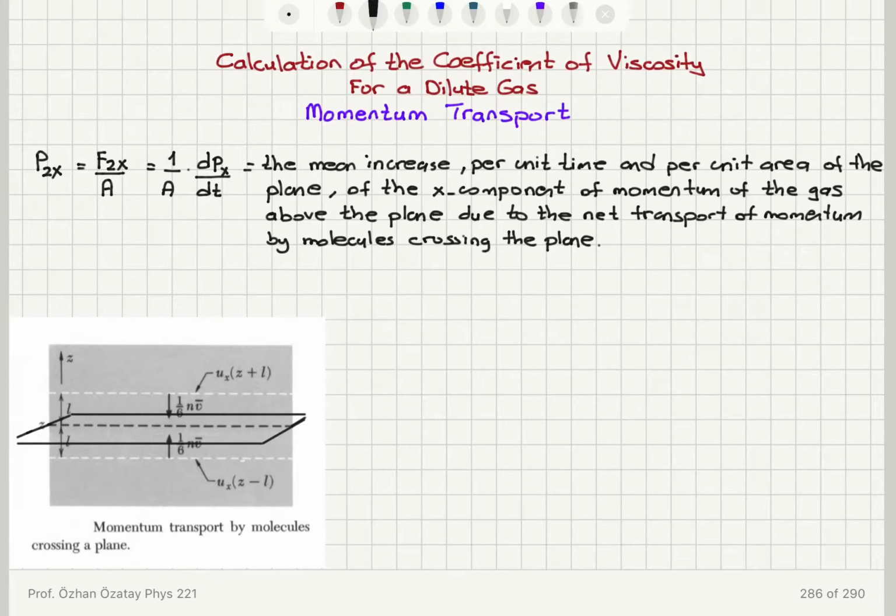Now I would like to estimate how many molecules are basically transporting this momentum.